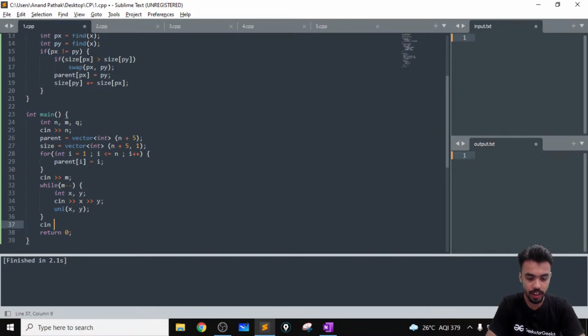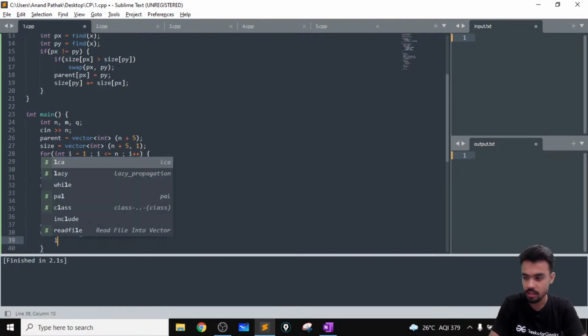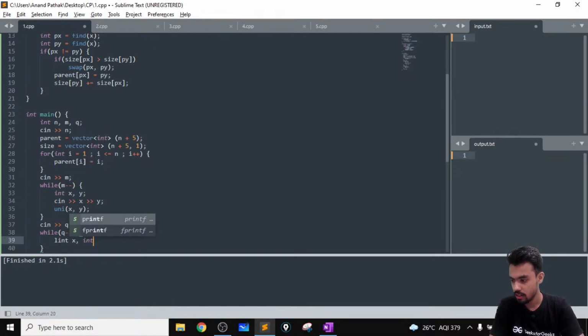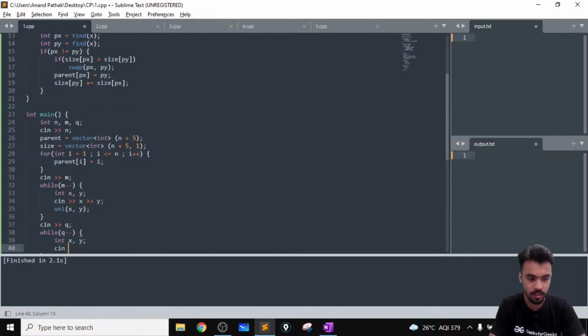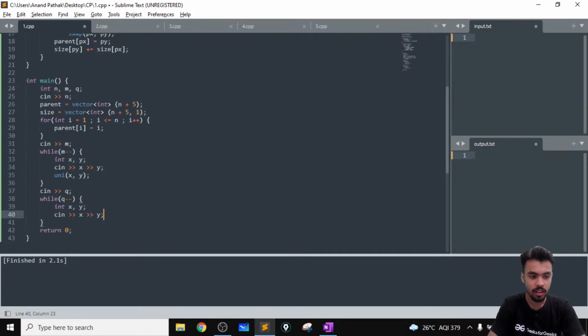and then we'll be getting q queries, and each of the query would be asking for two integers. Okay, now we have to check if these two, x and y, are friends of each other or not.